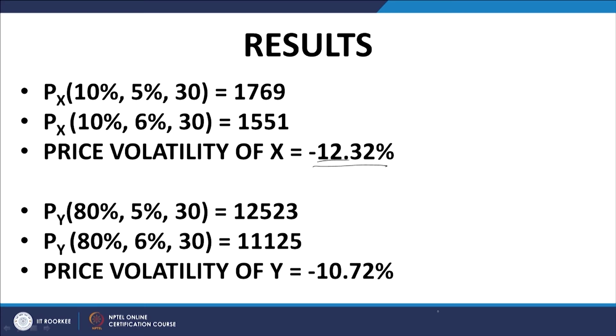This is because the recoupment of principal and cash flows would be earlier in the higher coupon bond compared to the lower coupon bond. As a result, the lower coupon bond would be more sensitive to interest rate changes than the higher coupon bond. Thank you.